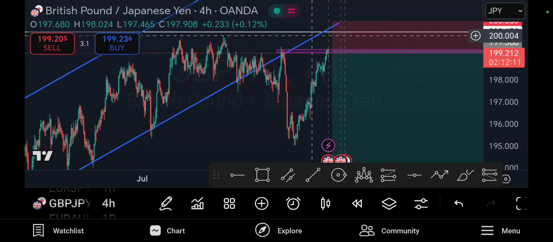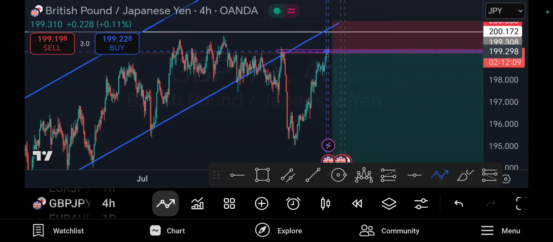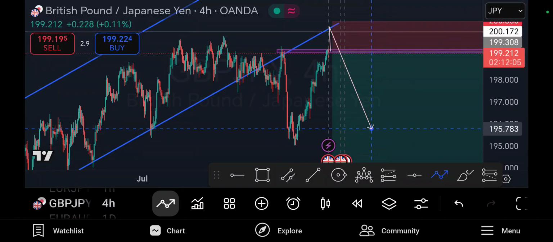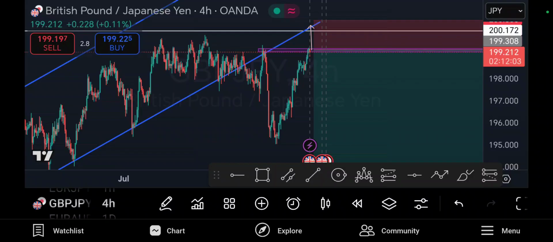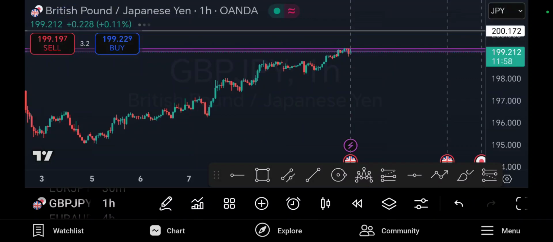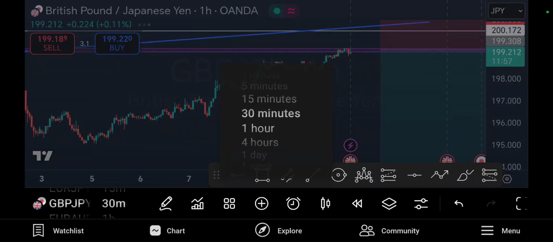It doesn't have to be a clean retest where it touches here and then you say, now I can. No, these things you just have to see them. You just have to be vigilant enough to see them.